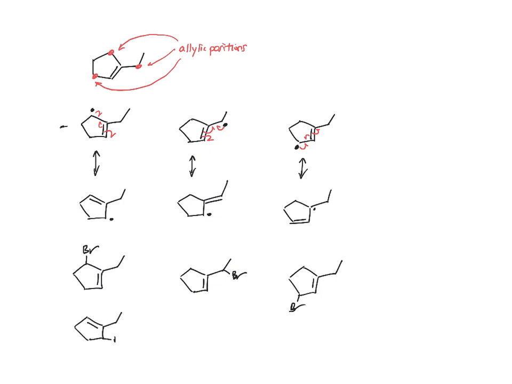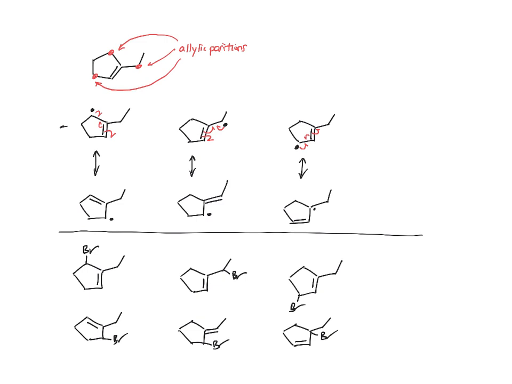Double bond there, bromine there. The next one on the bottom row, double bond into the ethyl, bromine there. And then the last one in the bottom row, double bond there, bromine there. So everywhere with a radical, I stuck a bromine. So potentially 6 products. But let's see if we don't have some repeats.